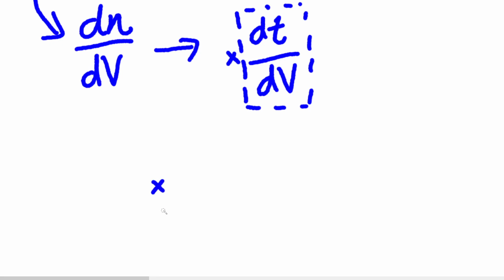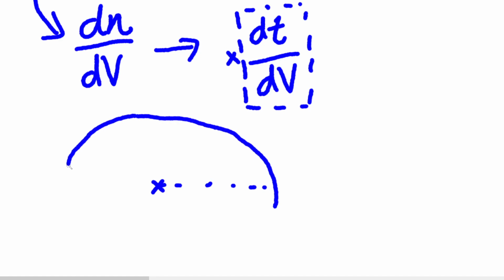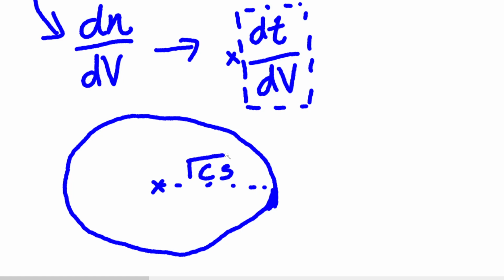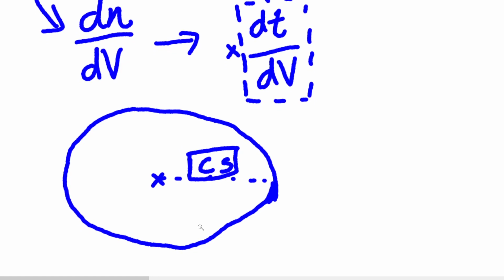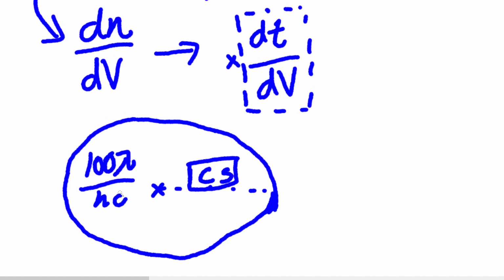So given that light moves at a particular speed, if you were to go away to a sphere with a distance of 1 light second, or 1 c times a second, which is the speed of light times a second, if you were to go this distance away, then you'd see 100 lambda over hc photons in this entire sphere. And you'd be able to calculate an average density for this quite easily.